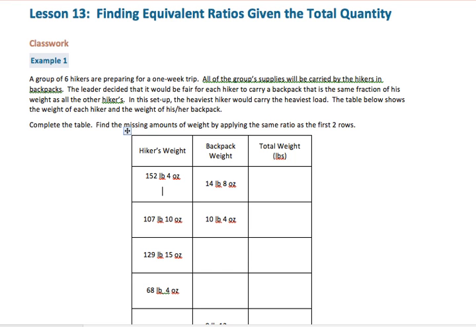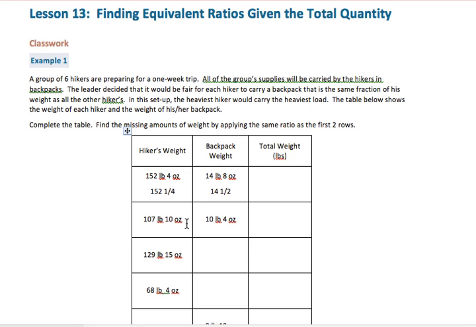So to convert 152 pounds and 4 ounces, I would do 152, and 4 ounces in relationship to 16 ounces in 1 pound would be 1/4 of a pound. Likewise for the backpack weight, 14 pounds and 8 ounces, 8 out of 16 ounces would be 1/2 of a pound.